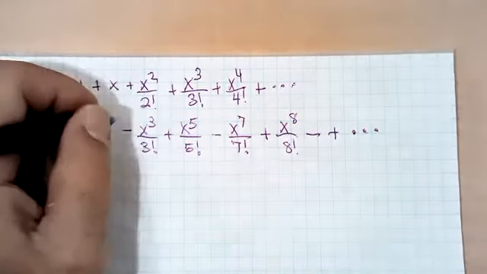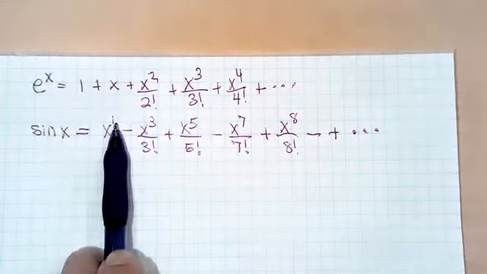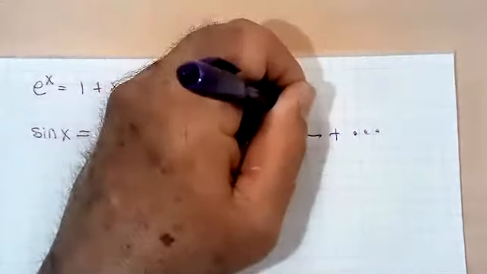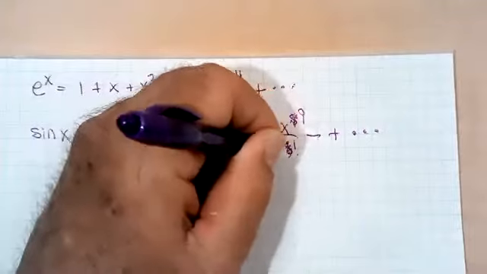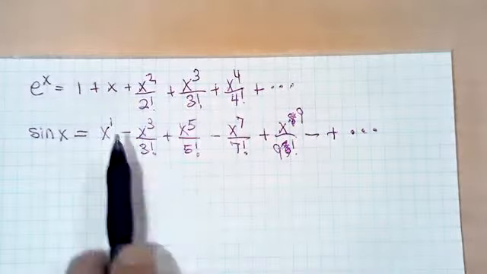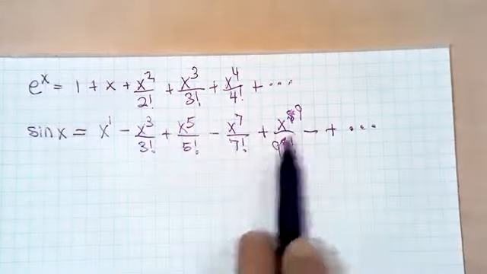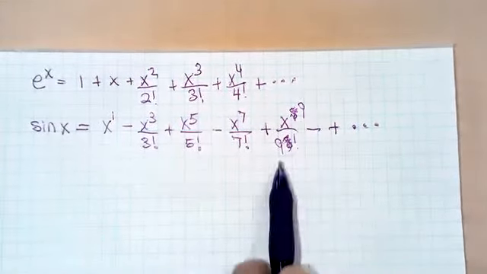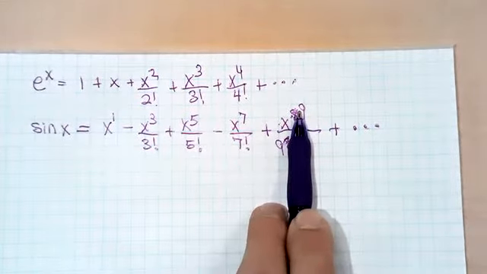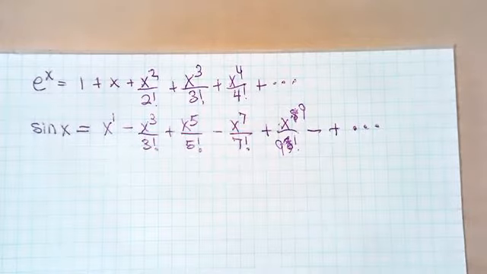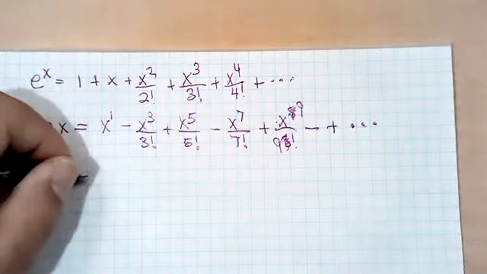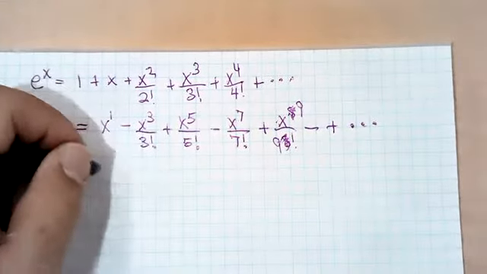You'll notice that all of the powers on x are odd. 1, 3, 5, 7, oh, I said 8. Silly me. That was definitely not true. 1, 3, 5, 7, 9, etc. The power on x is always matched by the factorial down below. So if it's x to the n up here, then it's going to be n factorial down below. So that's the sine.